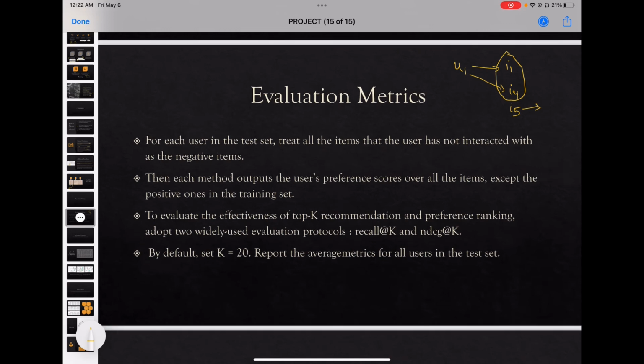To evaluate the effectiveness of the top-K recommendations and preference ranking, two widely used evaluation protocols are adopted, which are recall and NDCG. By default, K is set to 20, and the average metrics for all users in the test set are reported using both these protocols.